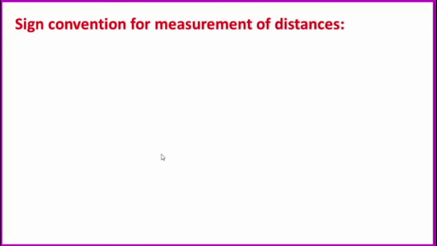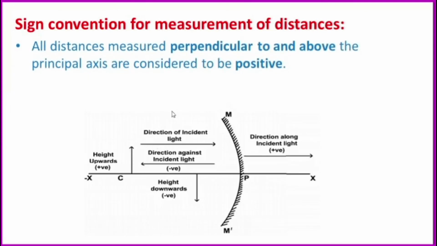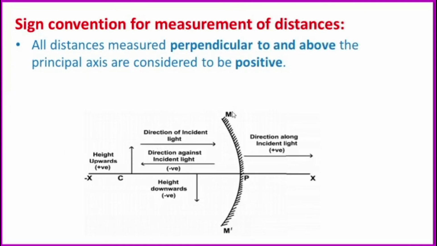Then the fourth one. All distances measured perpendicular to and above the principal axis are considered to be positive. For example, object height measure பண்றோம். It is measured perpendicular to and above the principal axis. இந்த principal axis க்கு மேல measure பண்றோம். அது perpendicular இருக்கணும்.